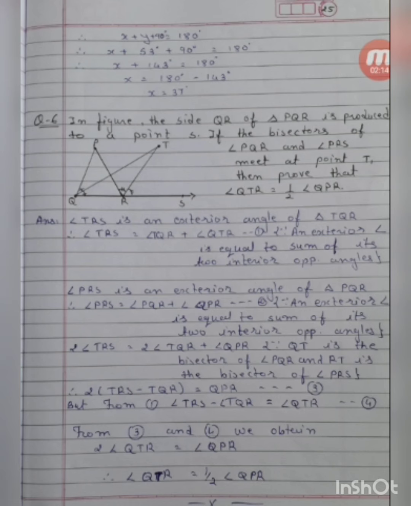So angle QTR is equal to 1/2 angle QPR. Thus we prove this. Here we completed chapter number 6, and you have to write all the examples in your fair book. Important notes, definitions, axioms and theorems also you have to write in your fair book and complete this chapter in your fair book.